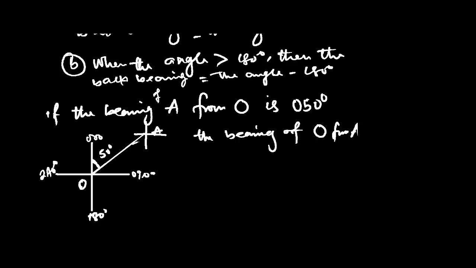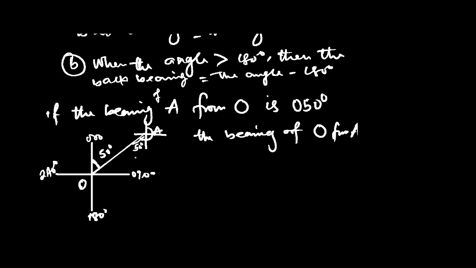If A is our starting point, I'll read from here down to this place. If you look at it very well, this angle here is 50, right? So here is alternate to this place, so here would also be 50. So the bearing of O from A is going to be 90 plus 90, that's 180, then plus 50.